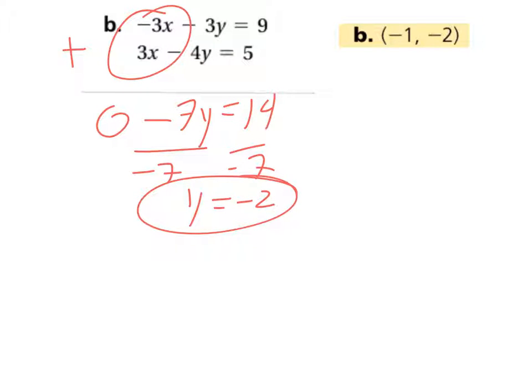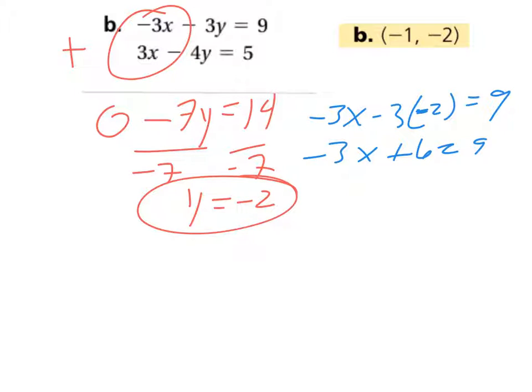Now, again, take that and plug it back into either of the other two. It doesn't matter. You're going to get the same answer. So I'm going to switch colors here. We've got negative 3x minus 3 times negative 2 equals 9. Negative 3x plus 6 equals 9.